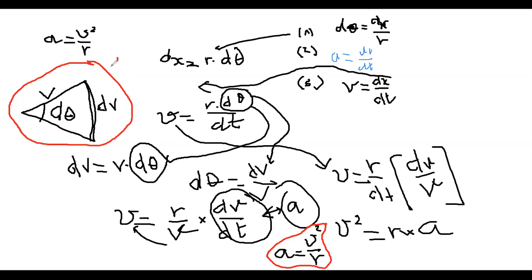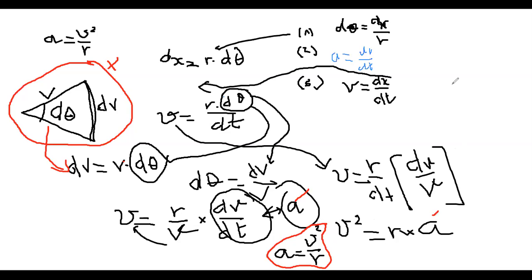This is the key point to get this relationship. And the v here is the same as this v. That's why we calculate it, and we have v squared over r equal to dv per dt, which is our acceleration. Acceleration means the square of the velocity divided by r.